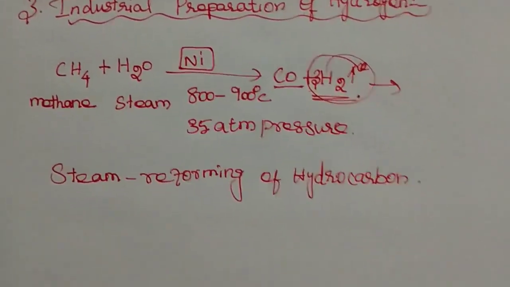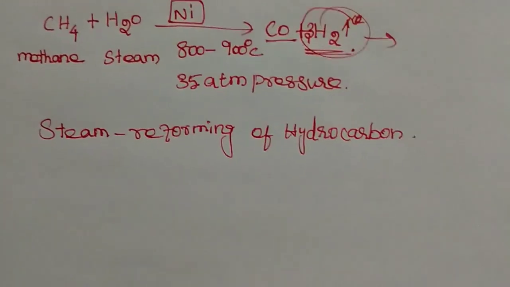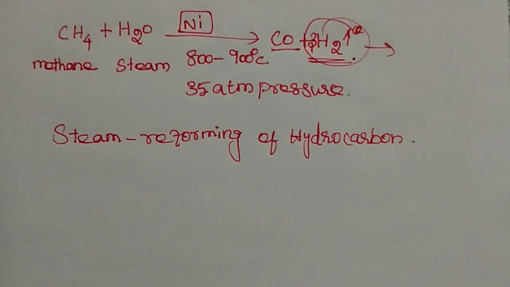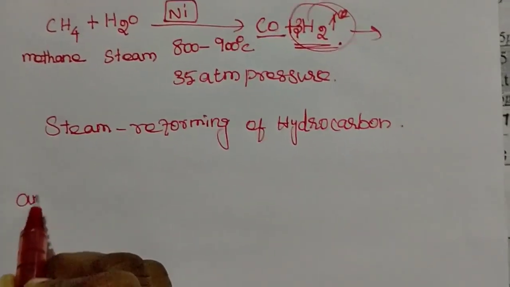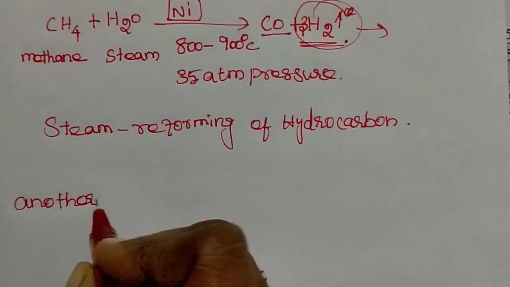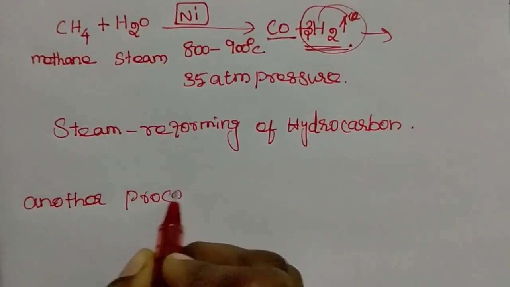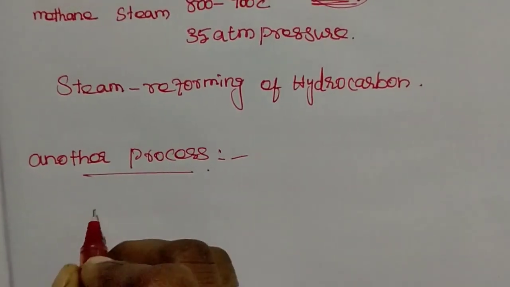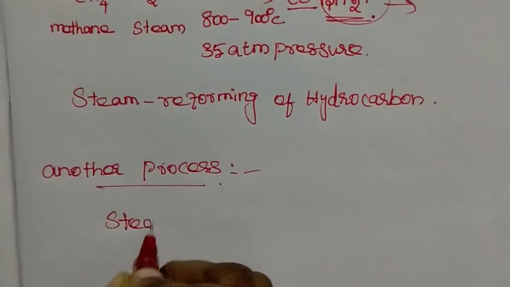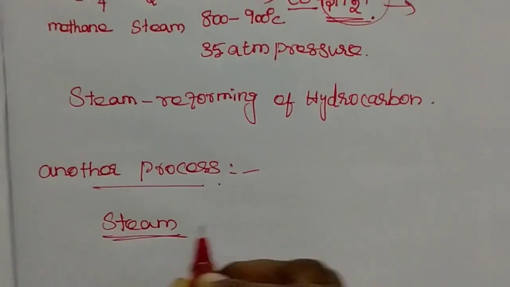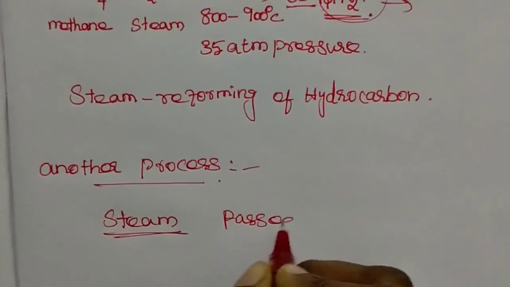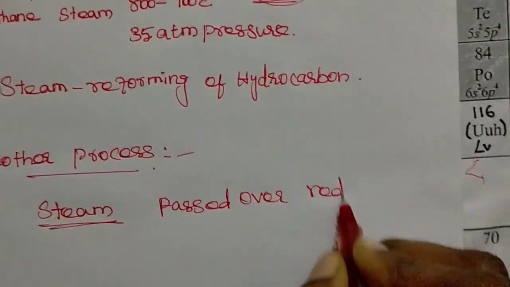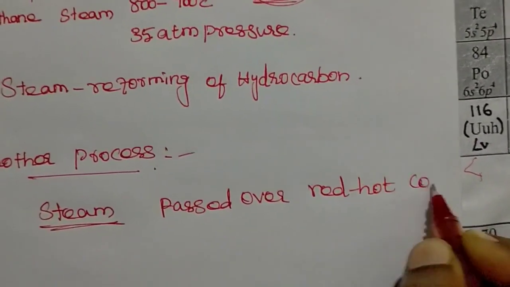We have another process for getting hydrogen. Steam is passed over red hot coke. The same method but another process. Here we also use steam. Steam is passed over red hot coke.